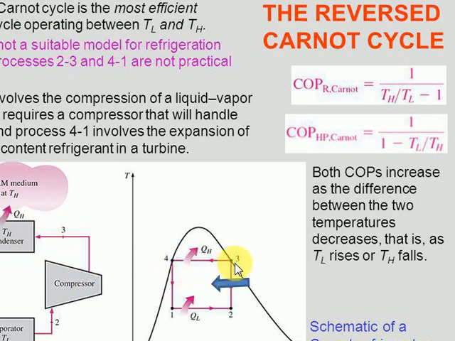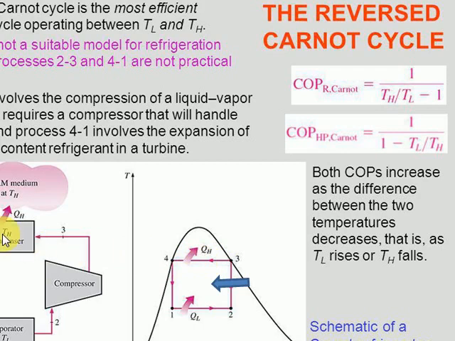So here the state changes from 3 to 4, and at state 3 the phase is saturated vapor, and this saturated vapor is cooled to saturated liquid. So between 3 to 4 the phase is liquid plus vapor.